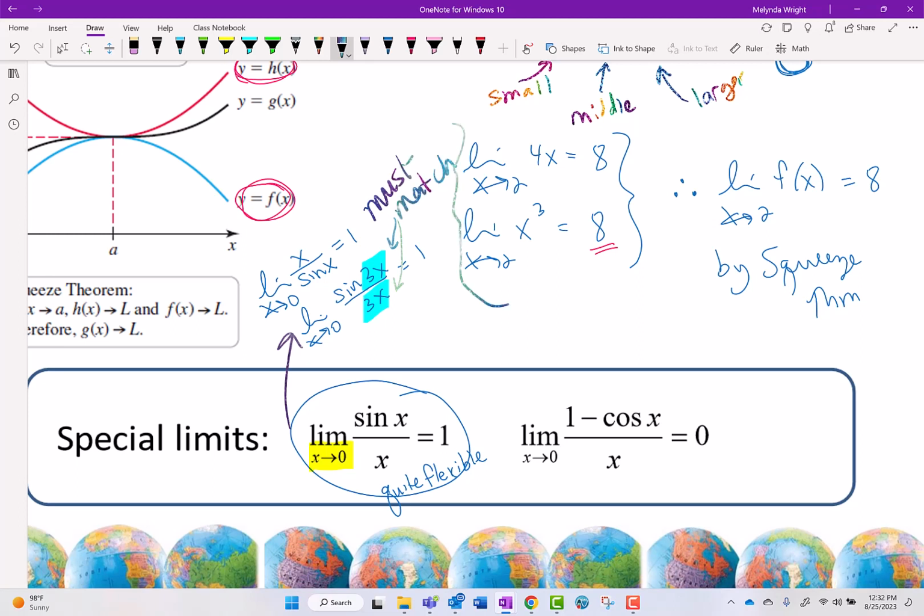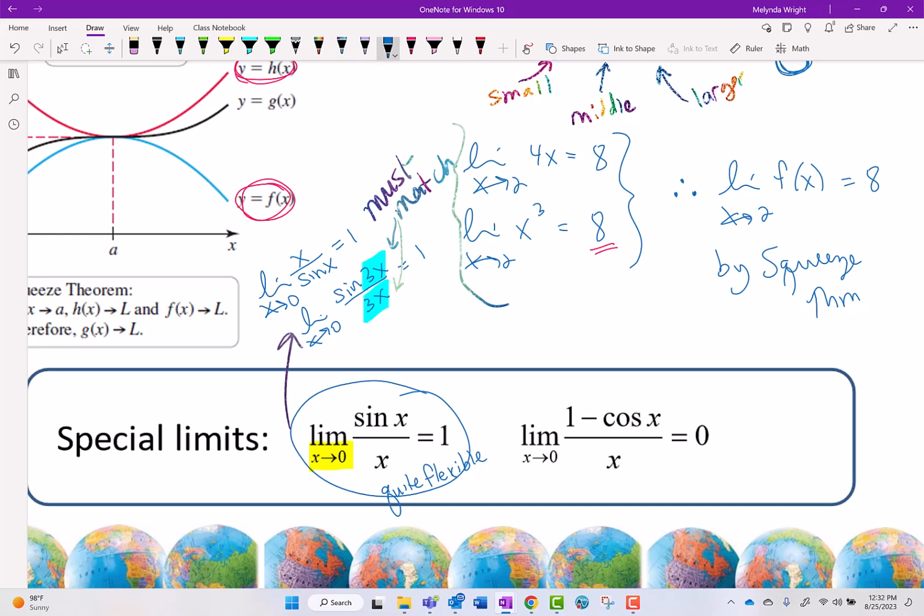And when I plug a 0 in, it should be sine 0 over 0. So it could have been sine 4x over 4x. That's still 1. Sine half x over half x, that's still 1. Very, very flexible. We just have to recognize the pattern.